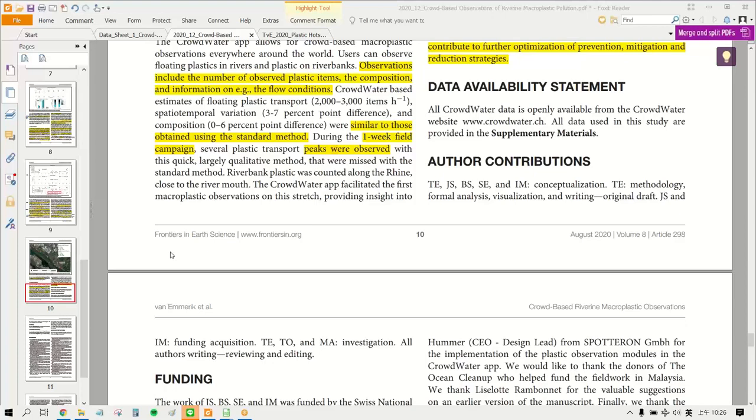I think the number of data is only 6, so they should use Spearman correlation for non-parametric data. But in the text and figure, they are suggesting Pearson's correlation. So I think there is some error in this part. Okay, that's all.